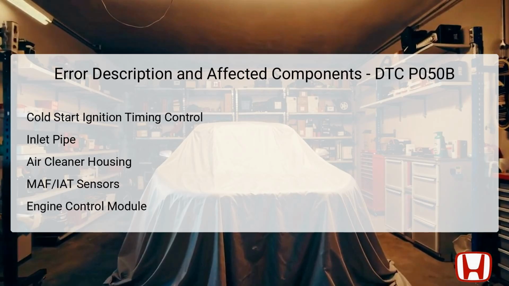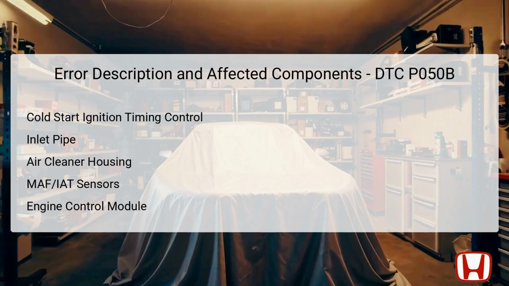This system primarily involves several components, including the inlet pipe, air cleaner housing, and mass airflow (MAF) and intake air temperature (IAT) sensors. The inlet pipe allows air to enter the engine, while the air cleaner housing protects the engine from contaminants. The MAF sensor measures the amount of air entering the engine, and the IAT sensor gauges the temperature of that air.